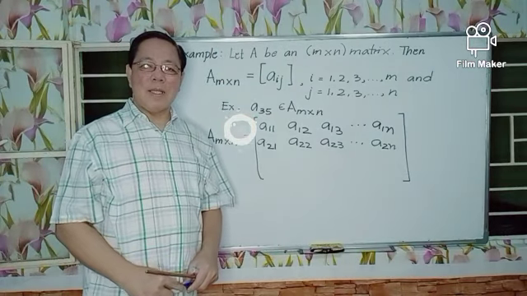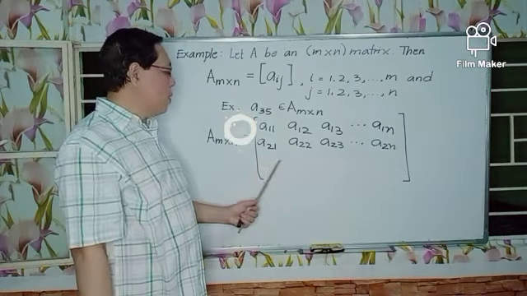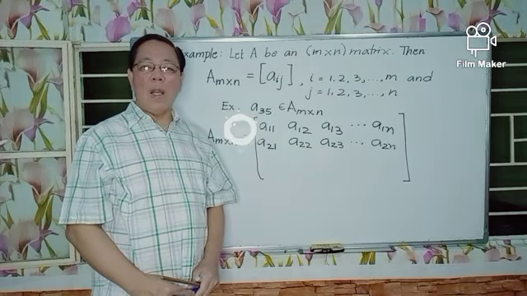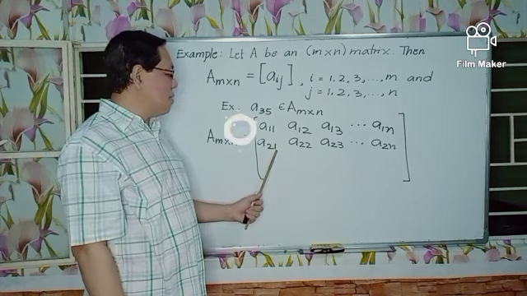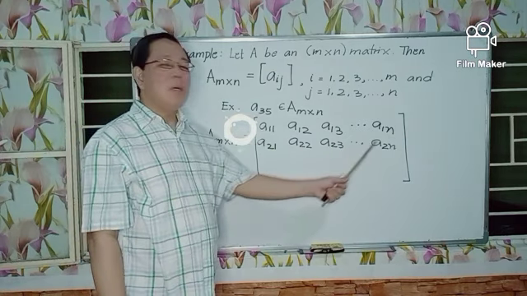Now we write the entries of the third row, and they all have the same subscript 3, but the second subscript will again vary from 1 to n.